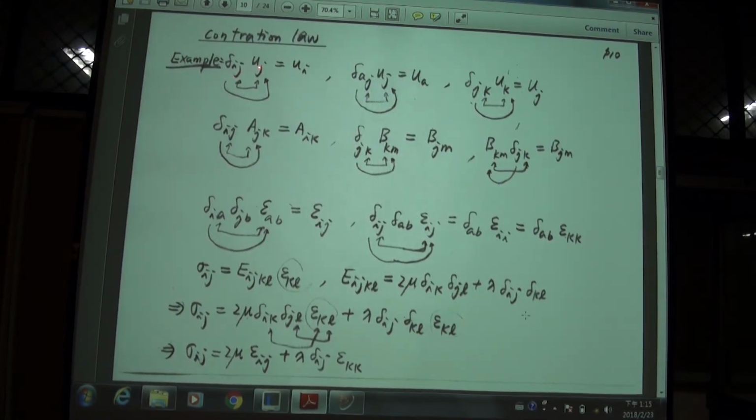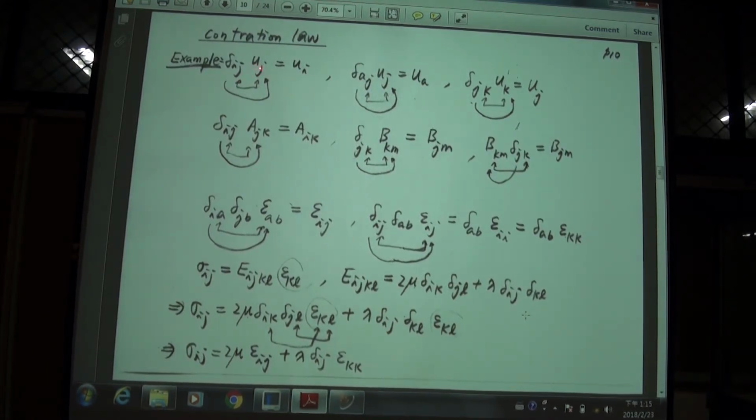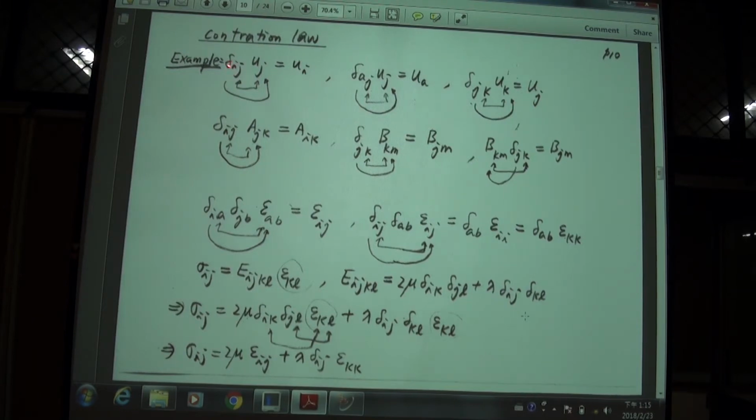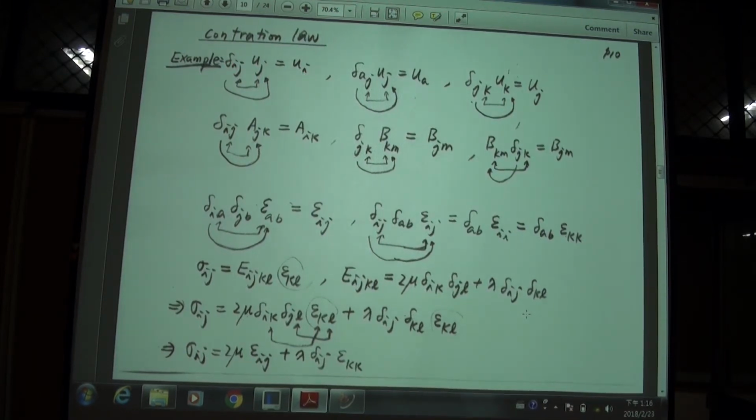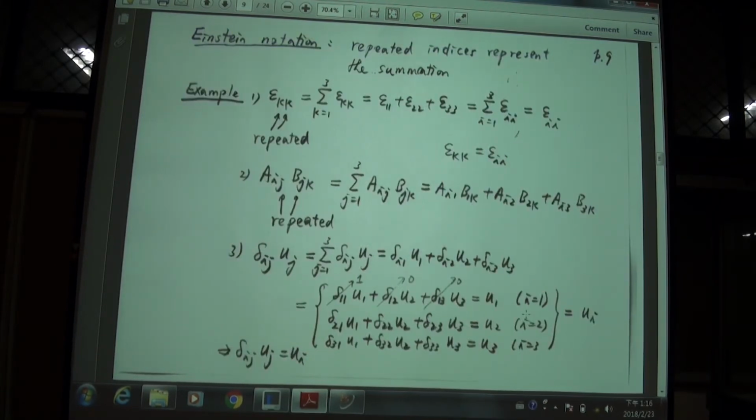Let me give you an example. Delta_ij u_j. As in the example before, when j is repeating, we replace u_j by the other index, u_i. This is the old result we have here.